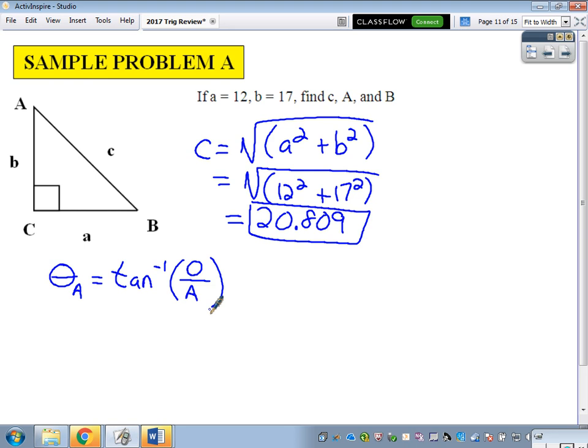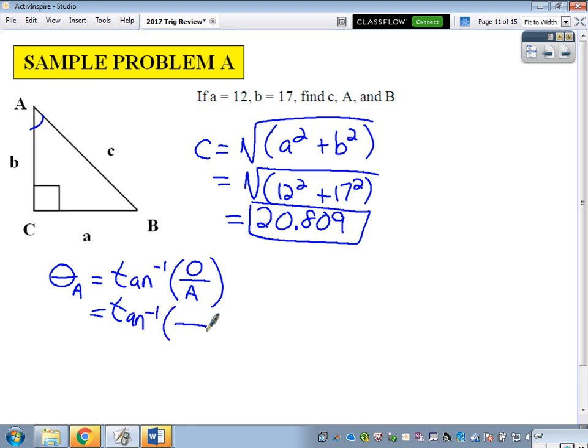Technically, since we're finding angle A, that would be here. We could do side A over side B. Whatever you use, just be consistent with what your diagram is going to state, or with what trig would state. When we get into the physics of it, we will have physics-specific labels that we're going to use for it. So right now, I'm not so concerned with what we do, as long as it works for you.